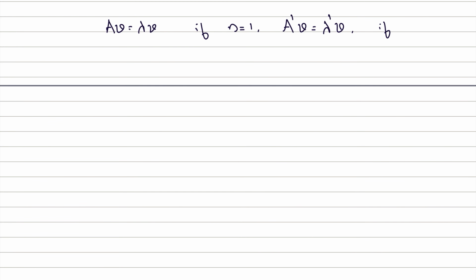Similarly, it implies that A to the power of k into V is equal to lambda to the power of k into V. Then what happens?